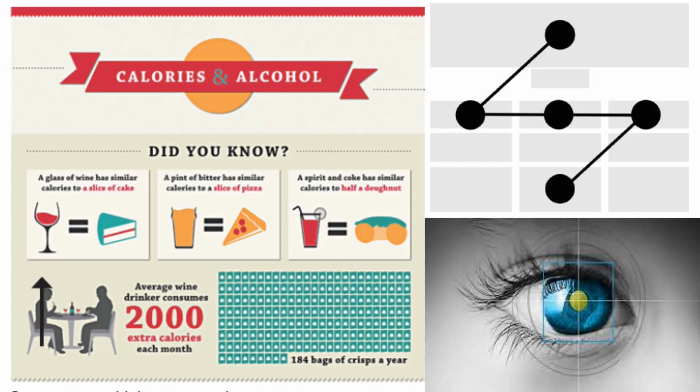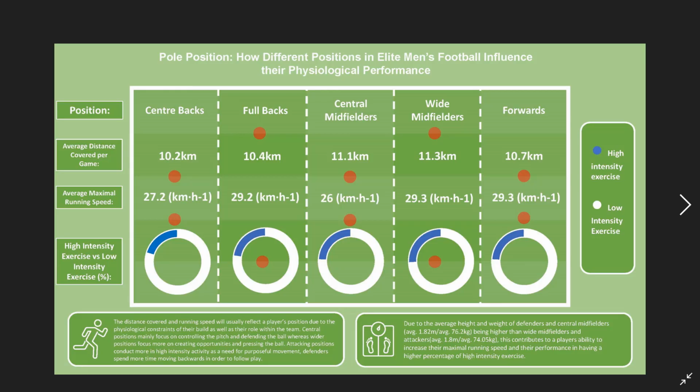So let's see this in some other worked examples. Here in this football one, again, a really sensible grid. You can see that everything in the football pitch lines up. Notice that all of the donuts, which are used to convey the high intensity contribution, all line up.